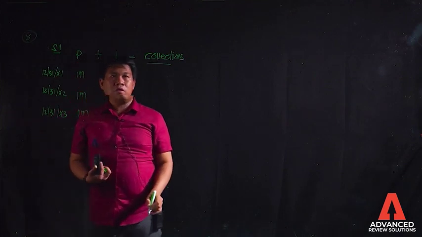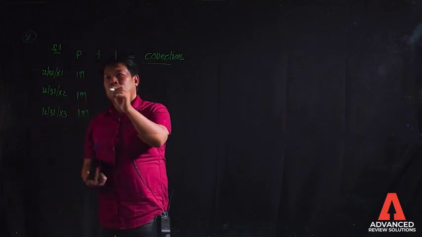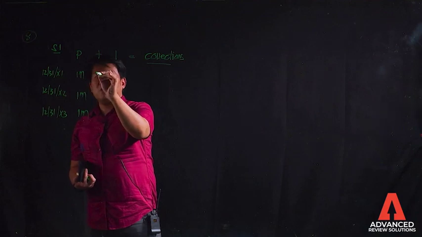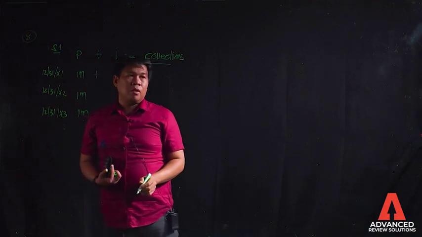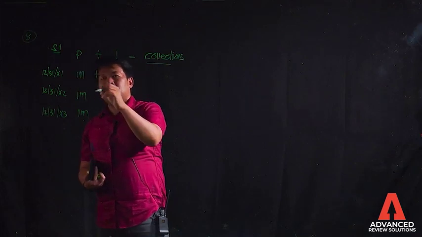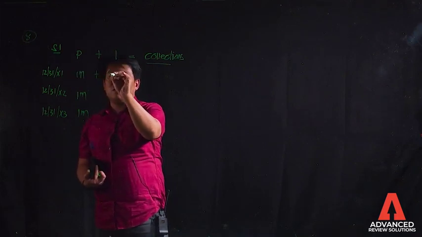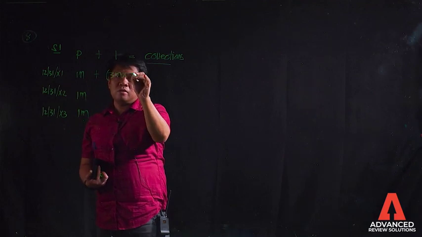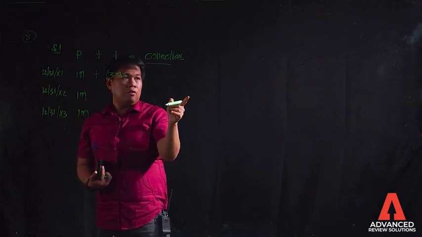Okay? So let's compute now for the collections here. So this 1 million here plus interest on the outstanding principal balance. The outstanding principal balance from January 1 to December 31 is 3 million. So this should be 3 million times the nominal rate of 10%.